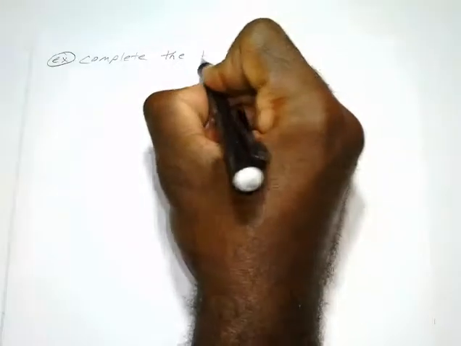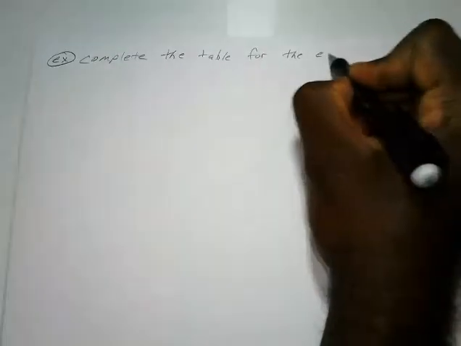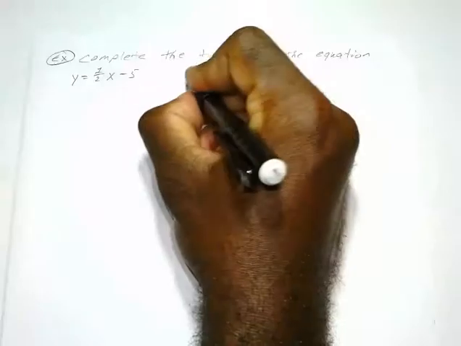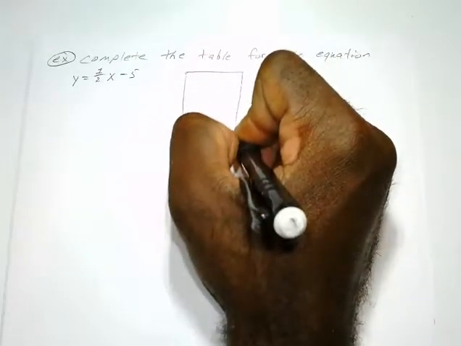Okay, so let's say, for example, we want to complete the table for the equation y equals 1/2 x minus 5, and our table looks like this.